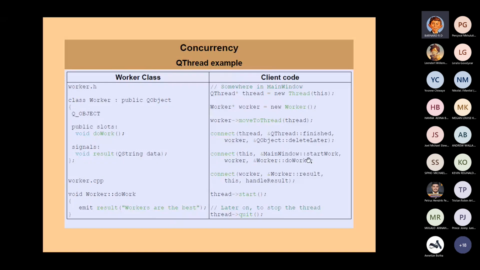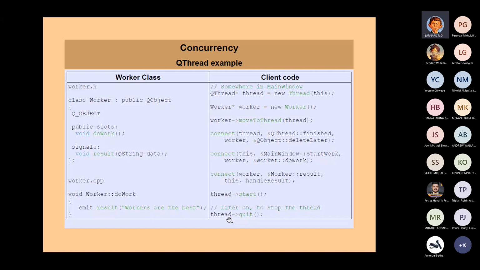We're connecting a startWork signal, sorry, I'm getting myself confused, to the worker's doWork slot, which here just emits a signal, and we're connecting the worker's result signal here to handleResult, and then we just call start on our thread.